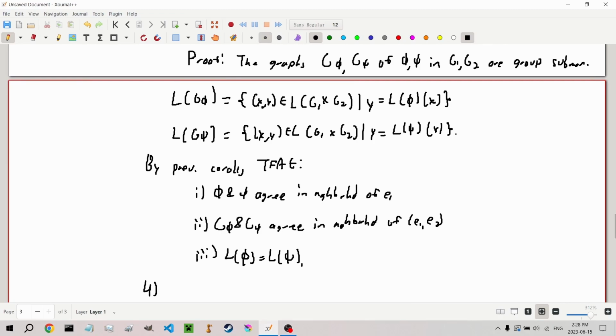And the fourth and final example is going to be the Lie algebra of a kernel.